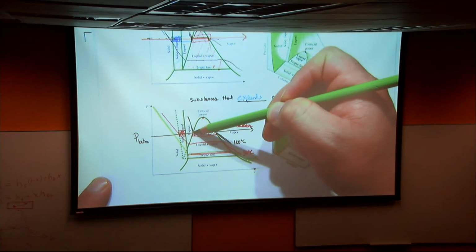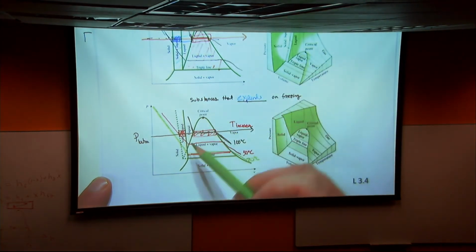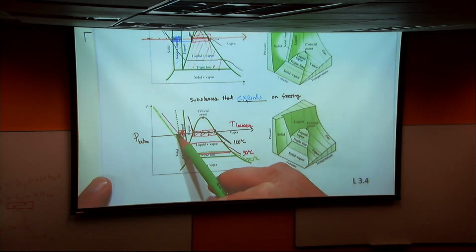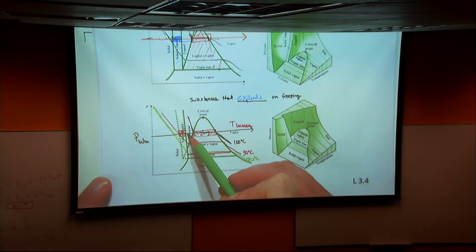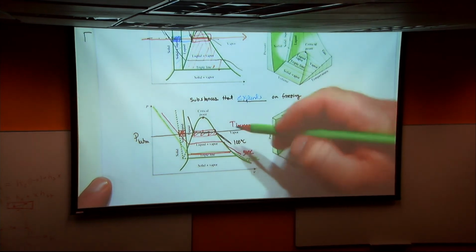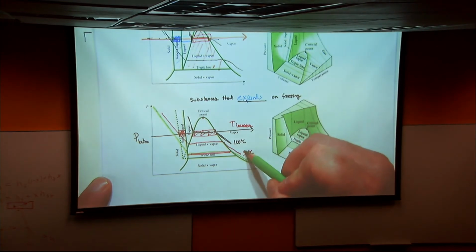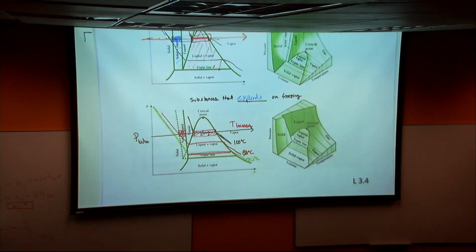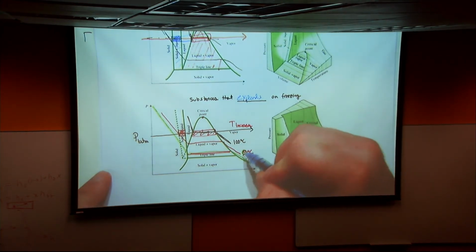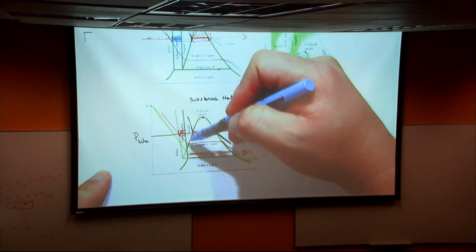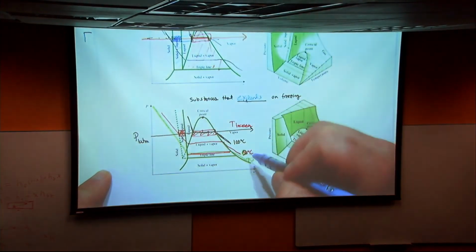And when I'm at 100 degrees C, you can see here that there's some width, solid and liquid. So I go from solid and liquid to liquid. The slope of my isotherms, I should have had them steeper, but anyways.